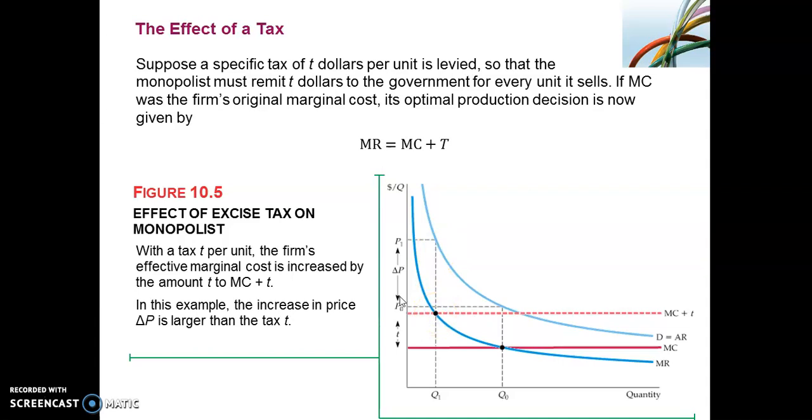Very importantly, take note that if you look at the magnitude of this change in price, it is bigger than this distance over here that is given by the amount of the tax in this case. So the change in price in magnitude was bigger than the tax amount here.